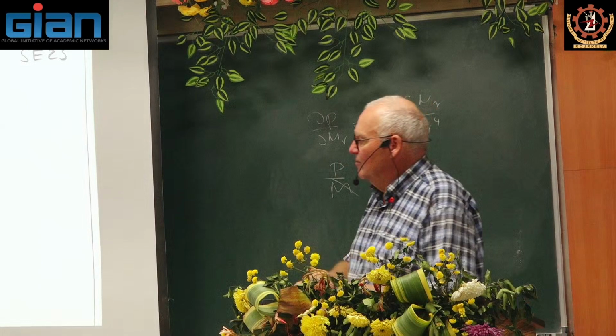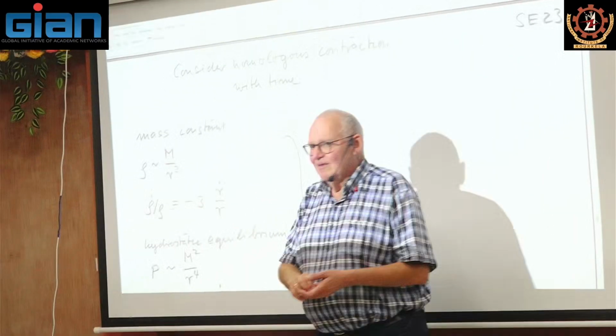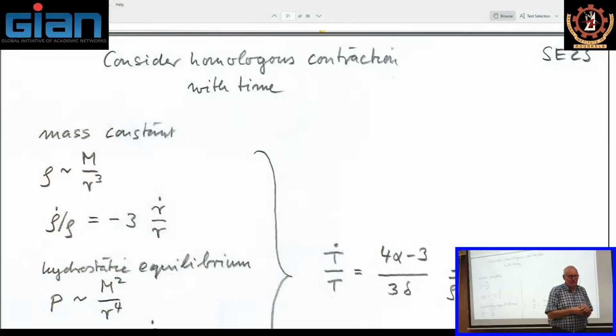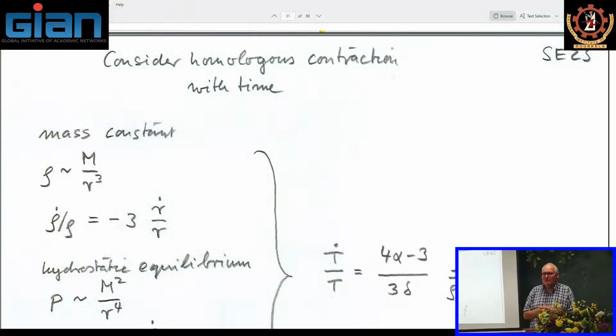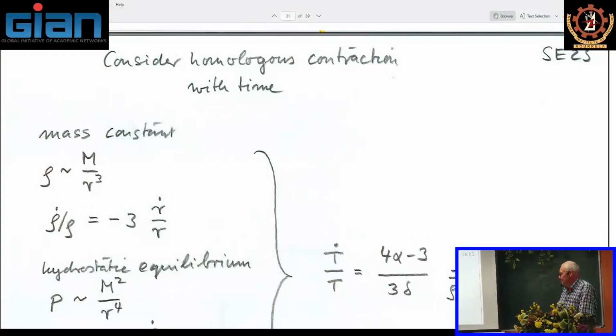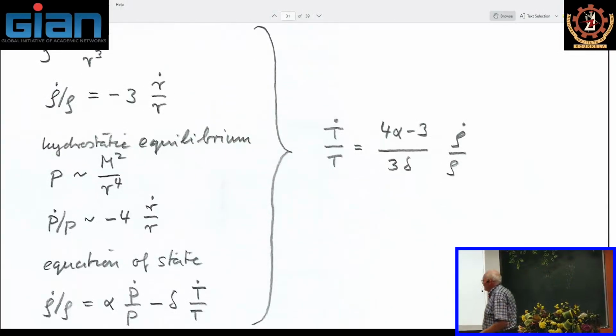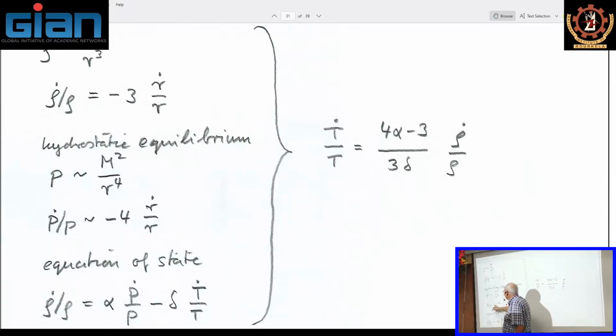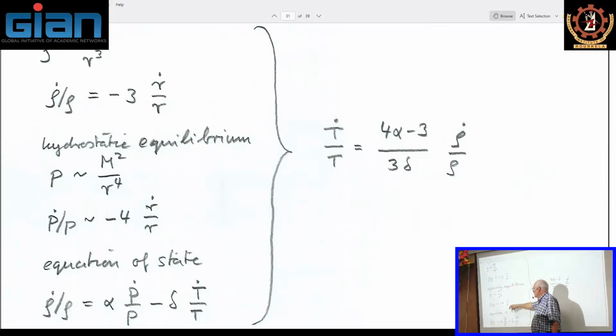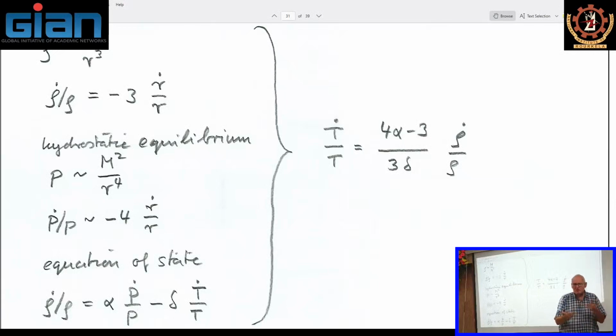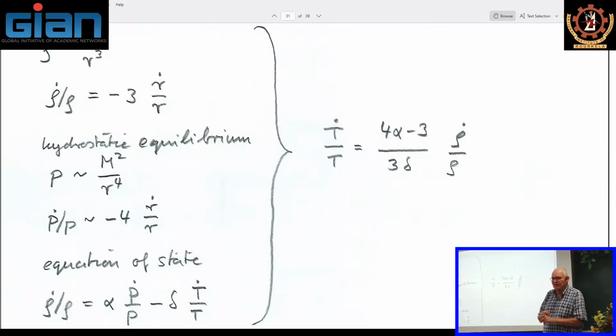Now we keep the mass fixed and calculate the relative change of the pressure along such a homologous contraction. What we end up with is P dot over P, like the rho dot over rho, is then given by minus 4, this is the exponent here, times R dot over R.